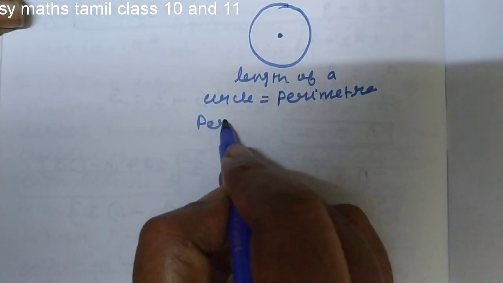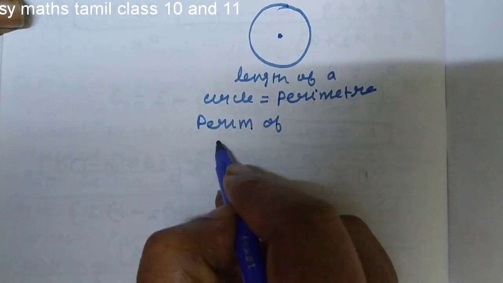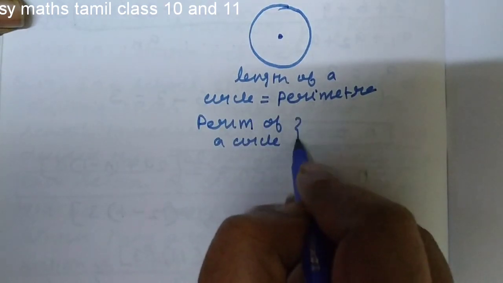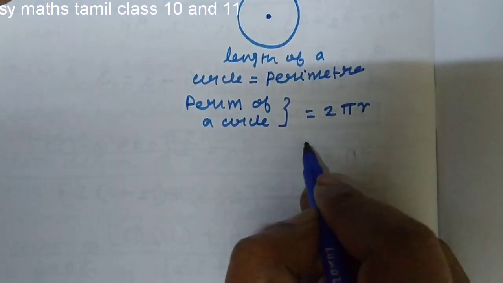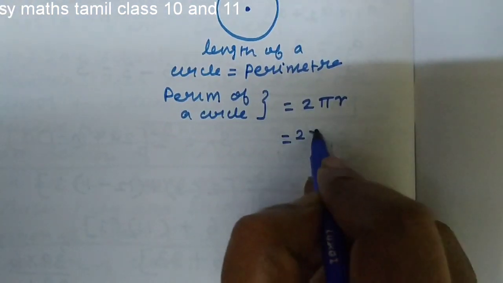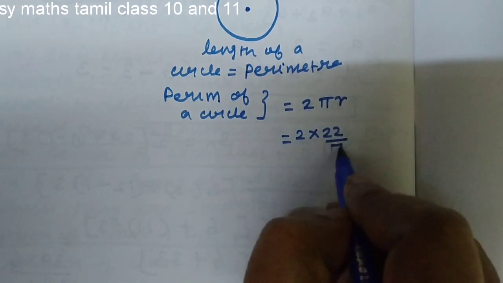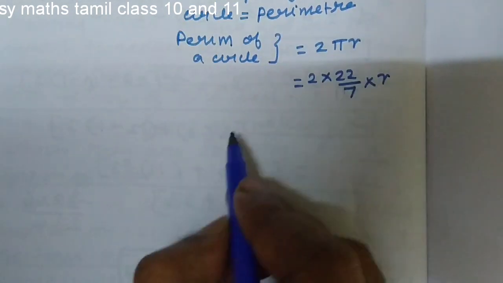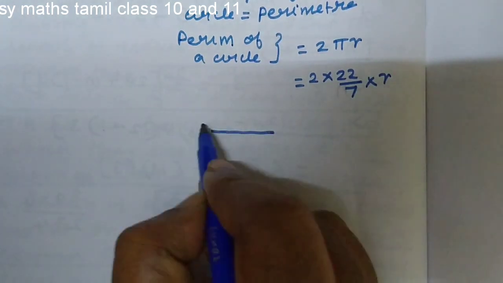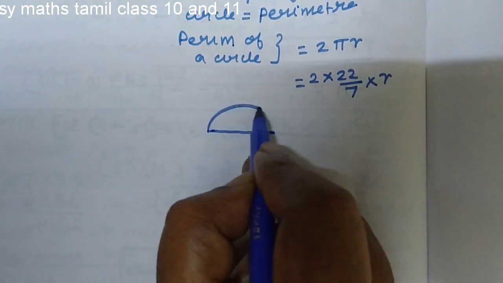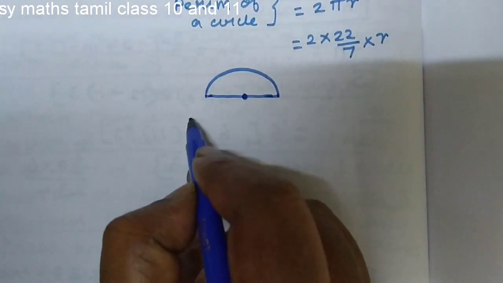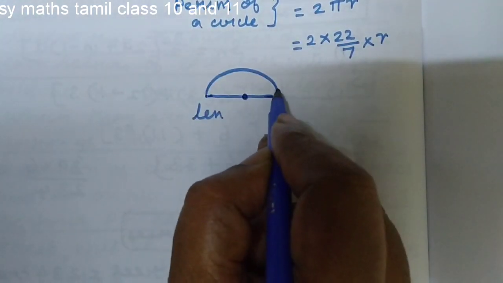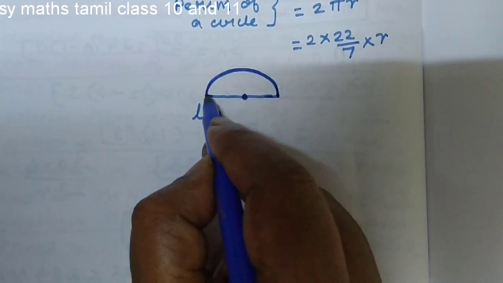So the perimeter of a circle equals 2 pi r, 2 into 22/7 into r. But here we are taking only half of the circle.